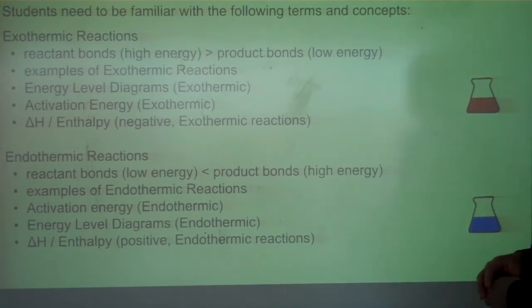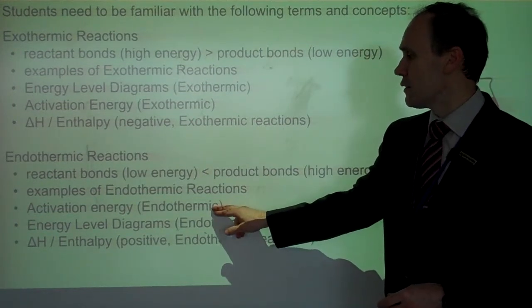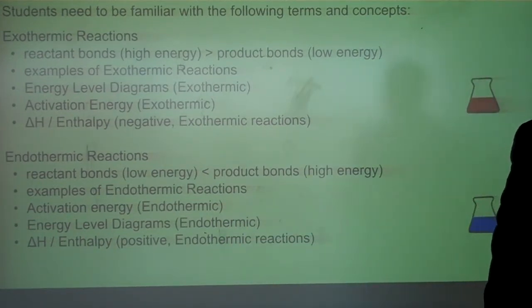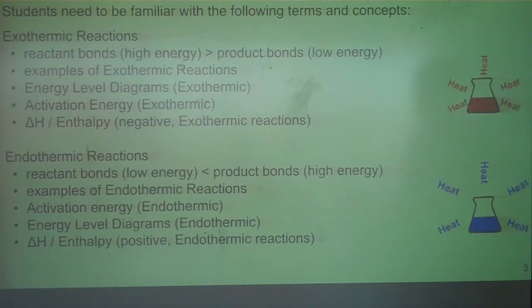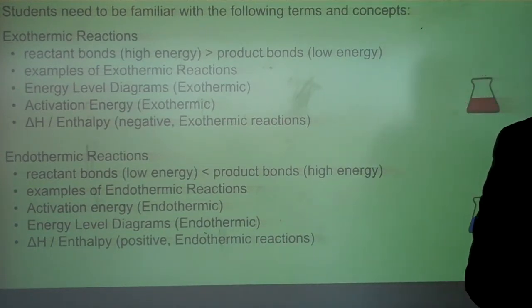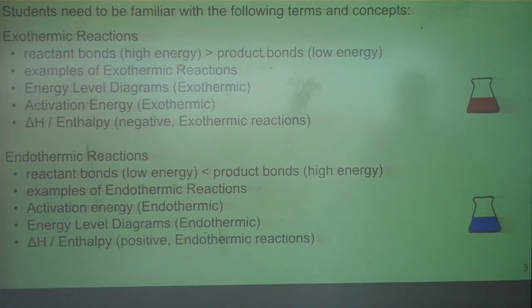And again, we're going to look at this idea of activation energy, and at energy level diagrams and how to read those. And we're going to talk about enthalpy, which in this case is positive. Okay? And you should almost be able to work out what's happening with enthalpy just based upon that initial bit of information. Now, can I change?